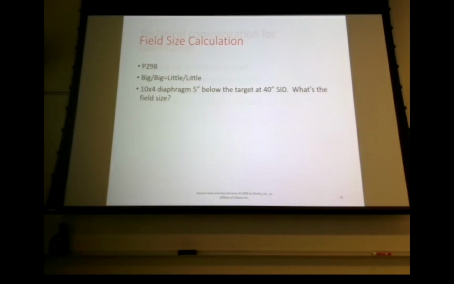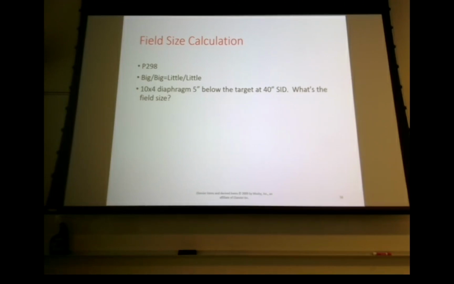yeah. All right, so this is where it's going to get a little bit sticky. There is some math on this test. So if you look on page 298, calculation of field size. What you see on 298, figure 22.11, aperture diaphragm is a fixed lead opening, designed for a fixed image receptor size.